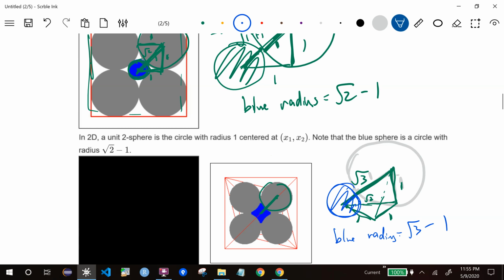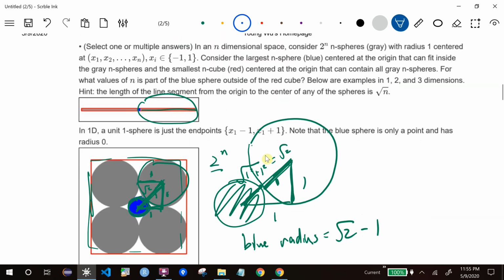So there seems to be a pattern. And let's go back to one dimension. In one dimension, the two spheres would push the blue sphere, actually it's a dot. So the size of the dot, the blue dot radius is 0. And 0 is actually square root 1 minus 1.